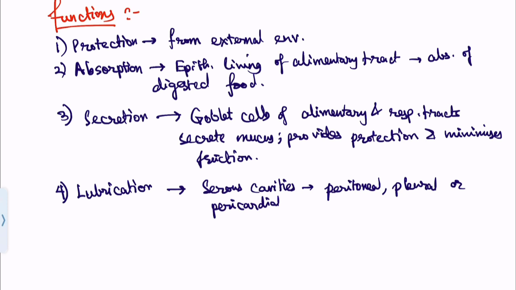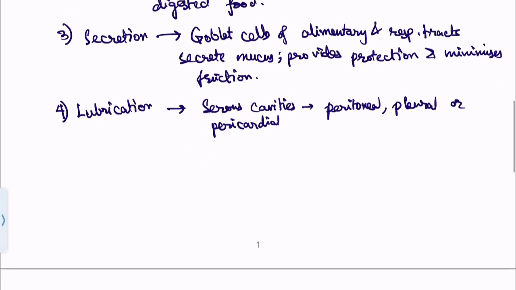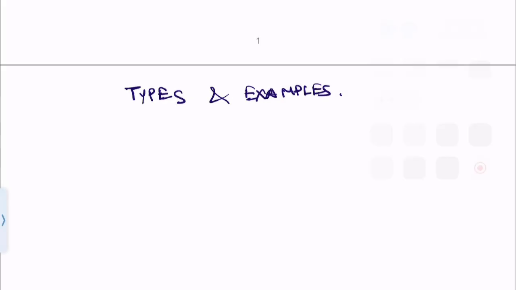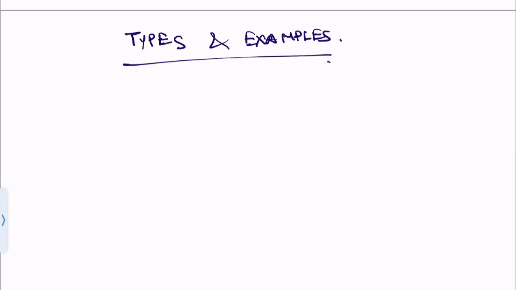Now, what we need to know are the types and examples. Mainly, it is of two types.